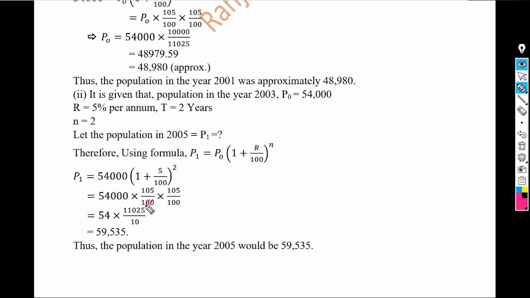Just cancel 2 zeros from numerator and denominator, 1 zero from this and this, and now multiply it. You will get 595,350 divided by 10, and cancel this, you will get 59,535 in the year 2005.